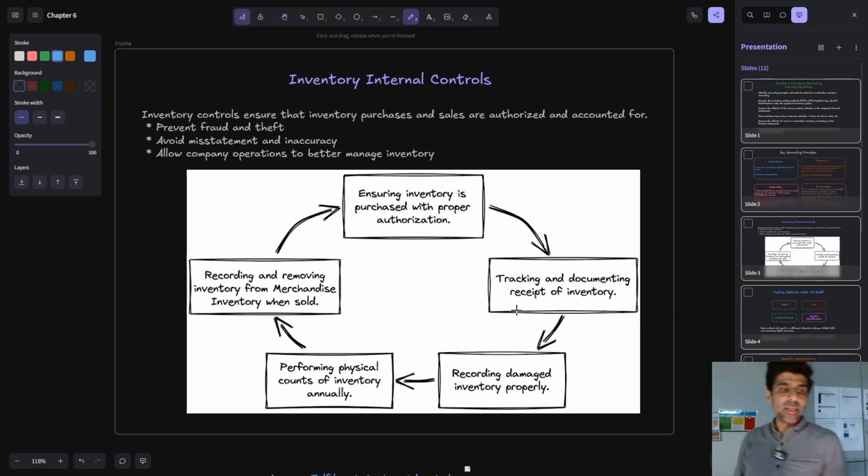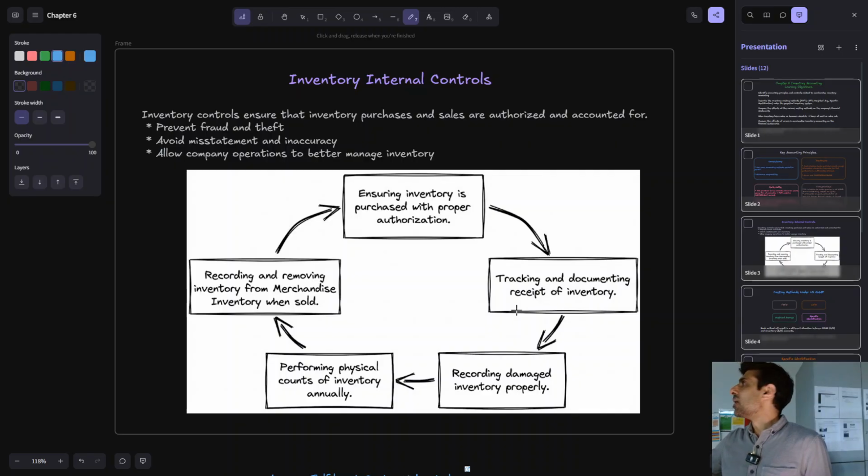So again, the reason that we have inventory controls is to prevent fraud and theft. We also want to avoid misstatements and inaccuracies. So you want to make sure your system is robust enough to catch mistakes before they happen. And just managing inventory, because as we saw, this is money that your business is spending, right?